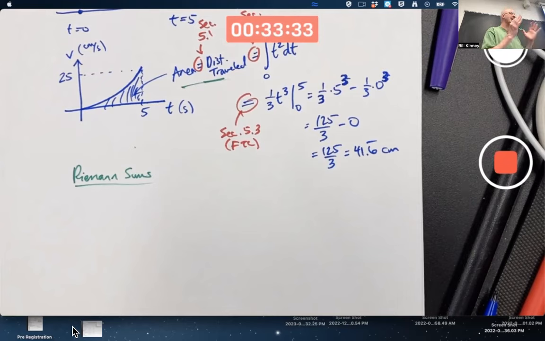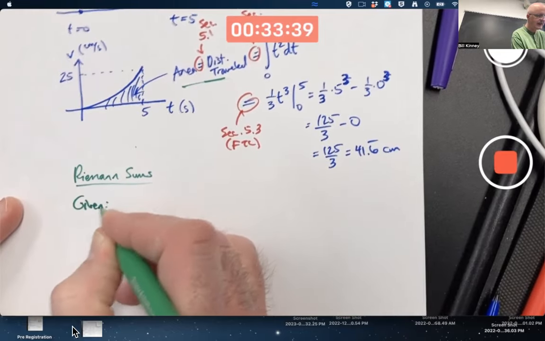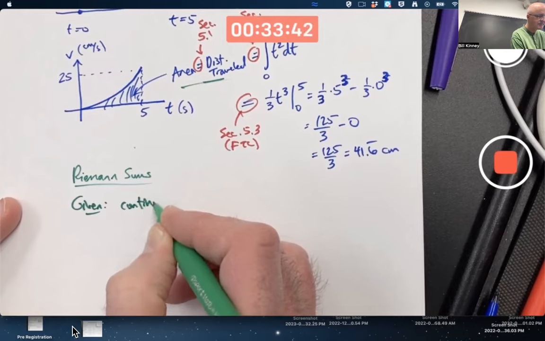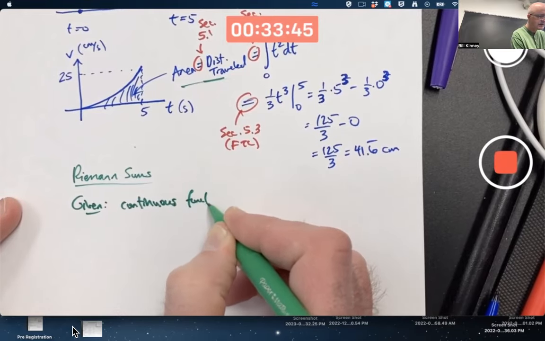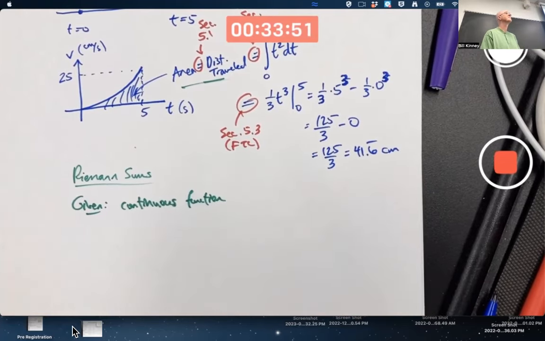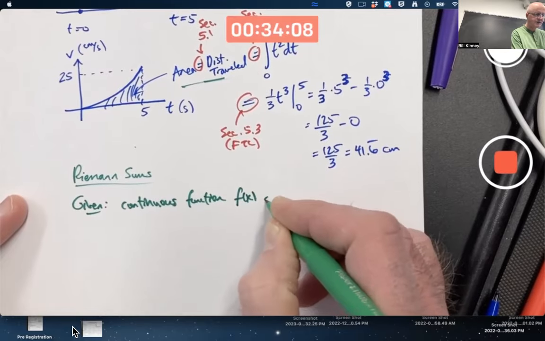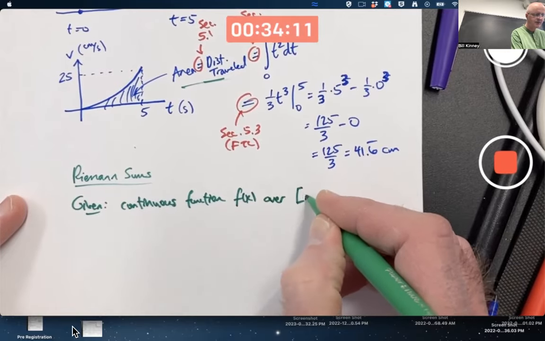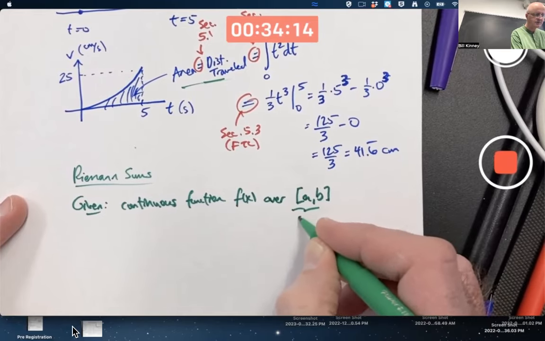What's a Riemann sum? Let's talk about it in general. You're given a continuous function. I'm going to go ahead and use the variable x. I could use t for time, but typically people think of this as a function of x when they talk about it. I think the book uses t. Don't let it bother you. It doesn't matter what letter we use. Continuous function f of x over some closed interval from some number a to some number b. This is a closed interval.